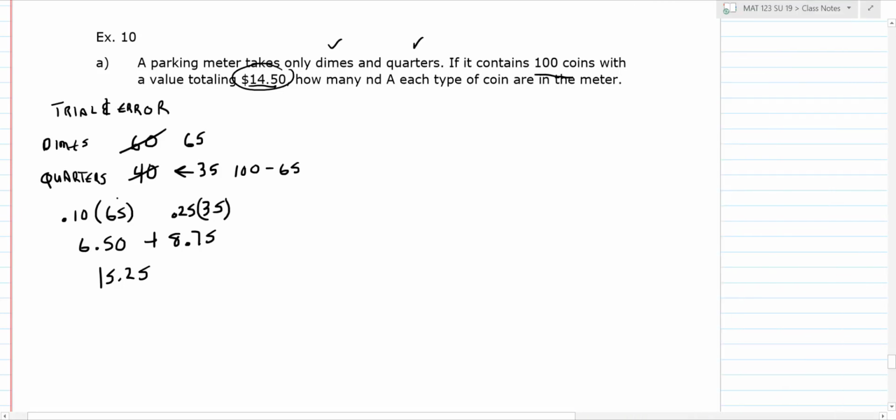So I hope that I've done enough on here to help you understand how the equation goes. What you're going to do is just pick a variable. Let's let x equal the number of dimes, kind of like what we were doing when we did trial and error.